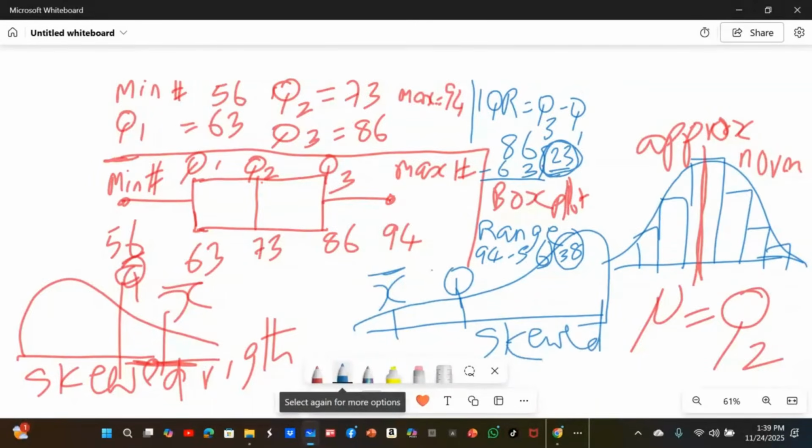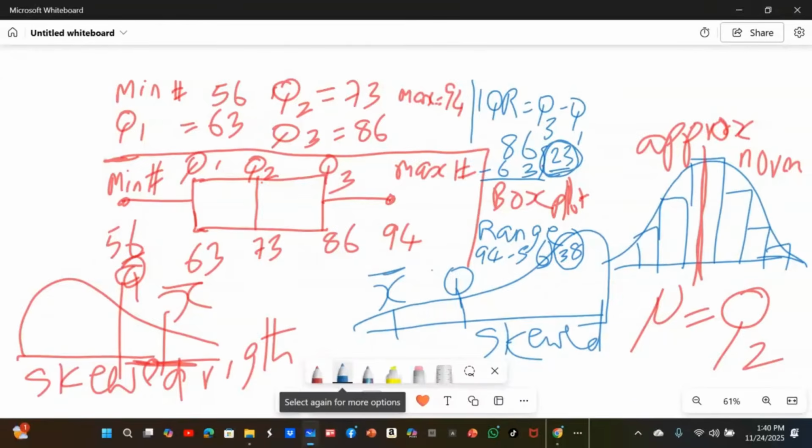In a skewed right distribution, the mean is greater than the median. In data that is approximately normal, the mean is equal to the median. So that's how you are going to explain what happens to the density curves.